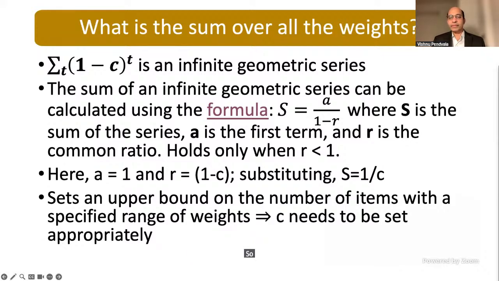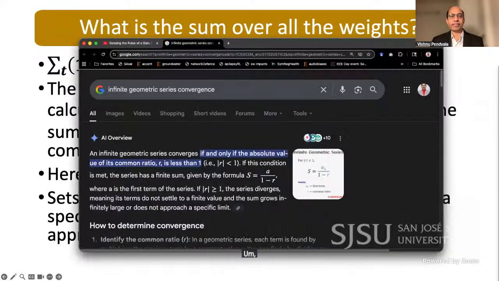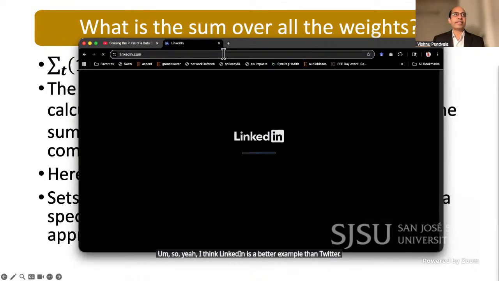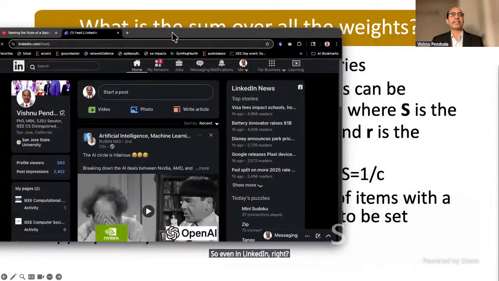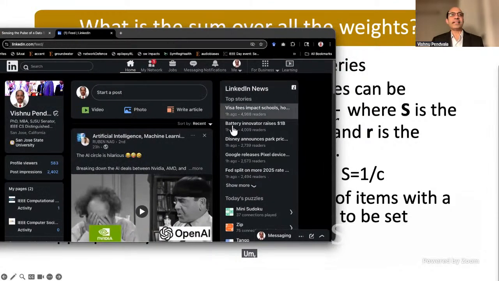The reason is we do not want to record values for unpopular items. So you see LinkedIn. LinkedIn's value might go down if it flags the LinkedIn posts, right? I think LinkedIn is a better example than Twitter. Even in LinkedIn, see these LinkedIn news, how are they captured?